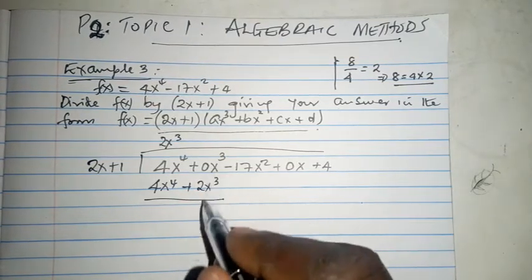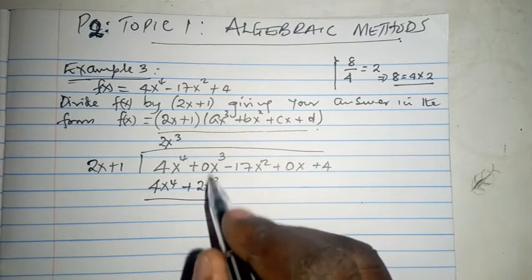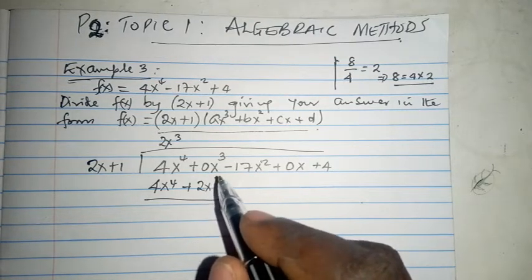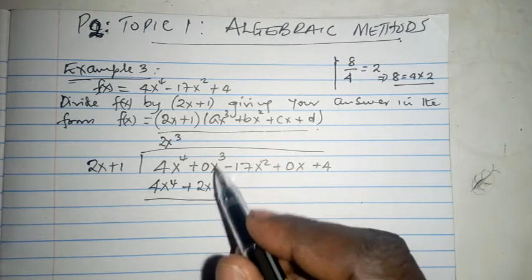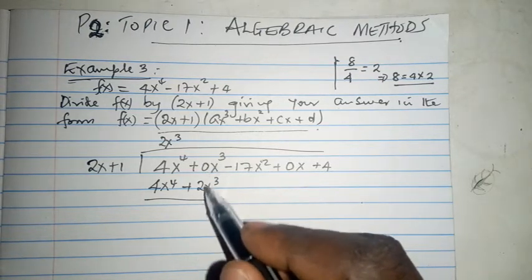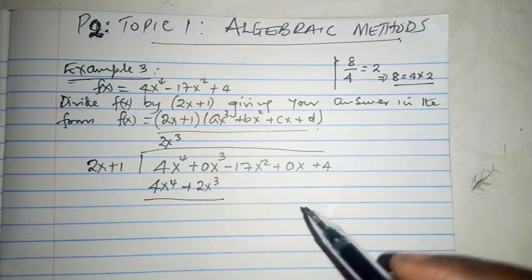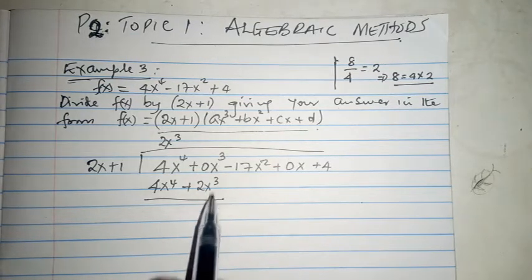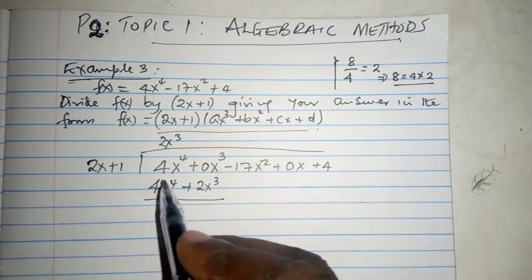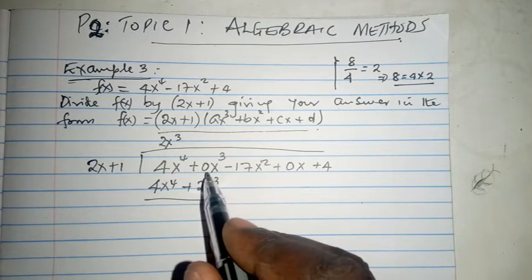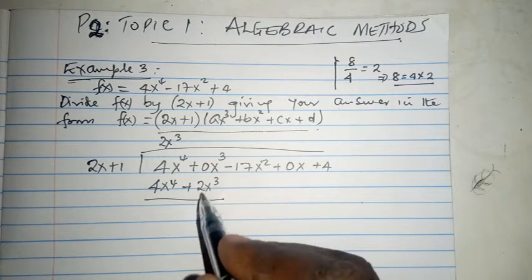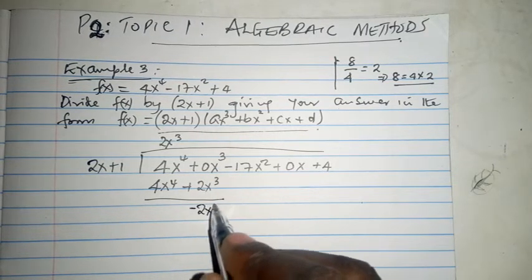You can now see the reason why I had to include the power decreasing systematically. It's because at this particular step, it has to be seen to be subtracted from something. Of course, this is 0. 0 minus this, because minus 2x^3.